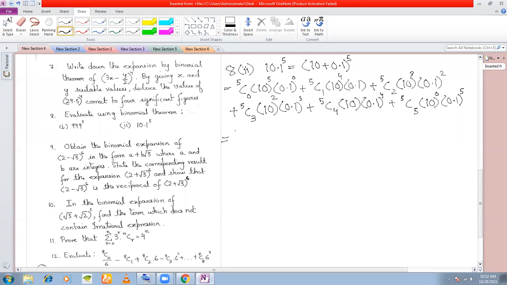Now we simply find out the value. So 5C0 is 1, 10 to the power of 5 will only give you 1 followed by 5 zeros.